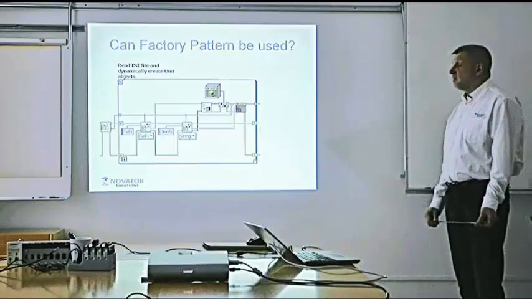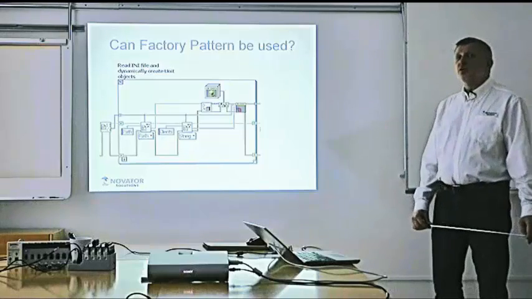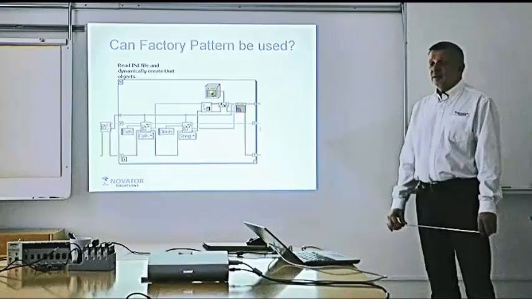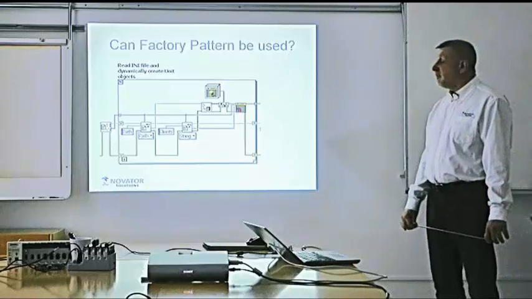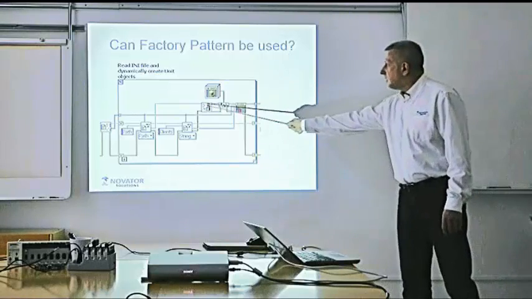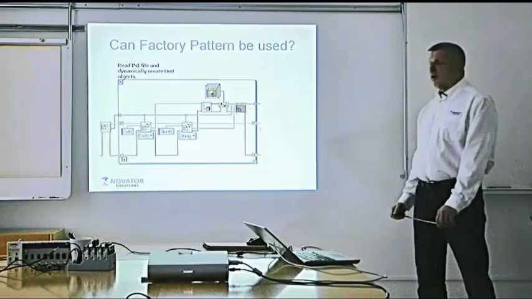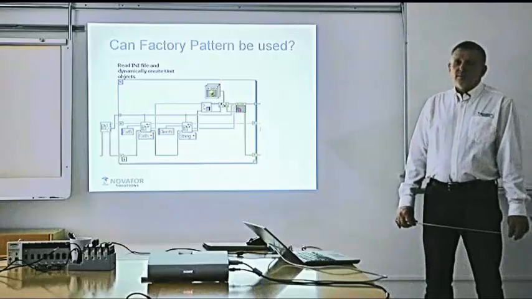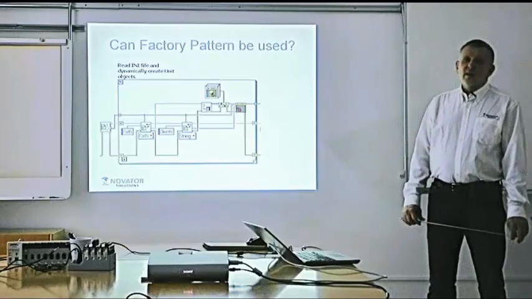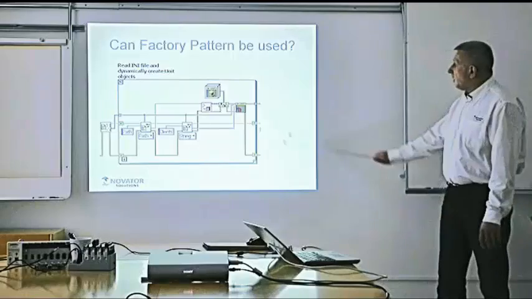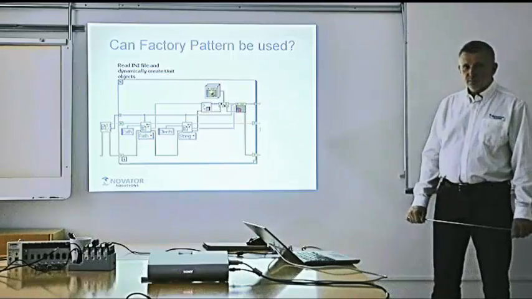But in this case, the constructor is not actually specific. It's really questionable what is constructor. Is this constructor or this is constructor? The limitation is that a constructor generally must have no dynamic dispatch terminals. And here the constructor must have them.